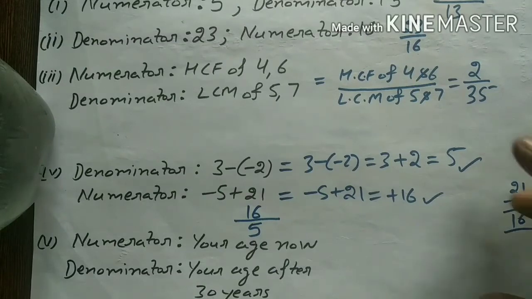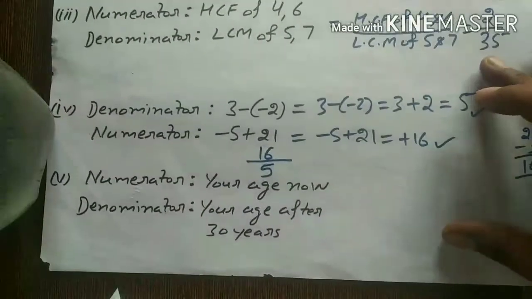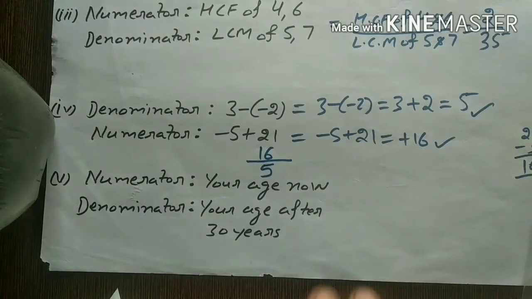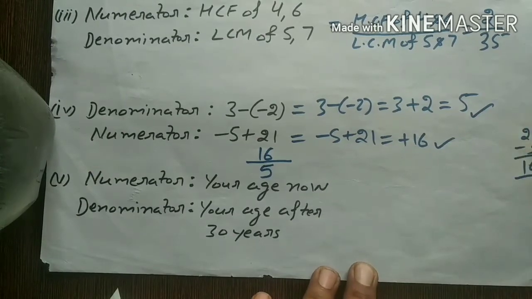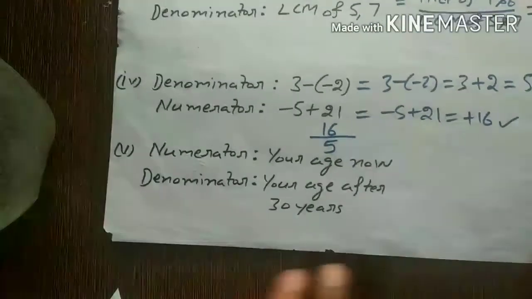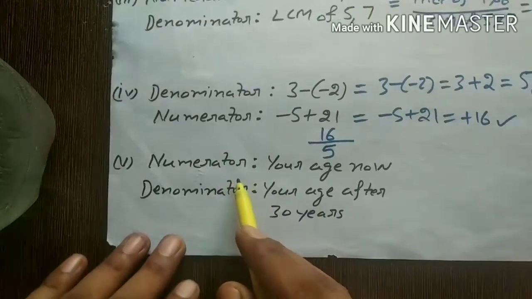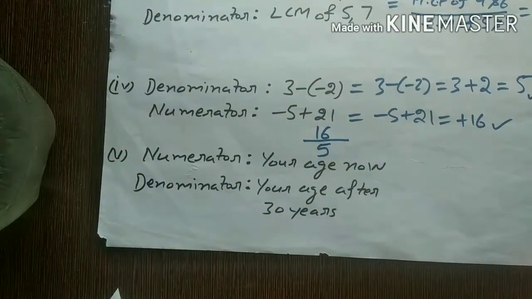Now student, the next question depends upon you. I take just an example of your age. You can see that the numerator is your age now and the denominator is your age after 30 years.